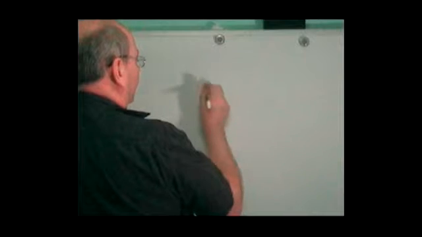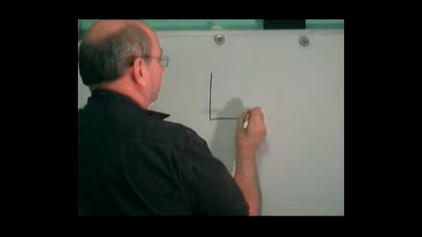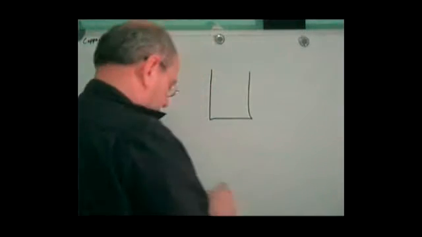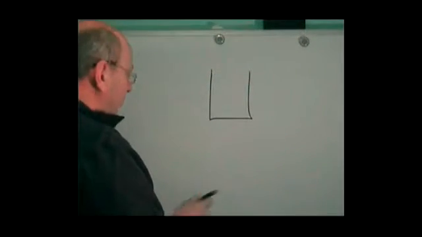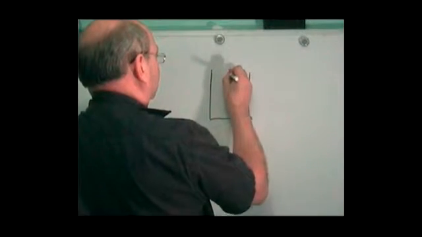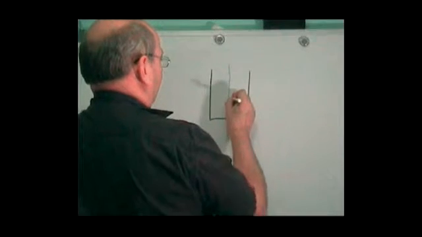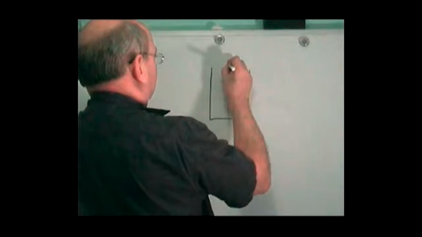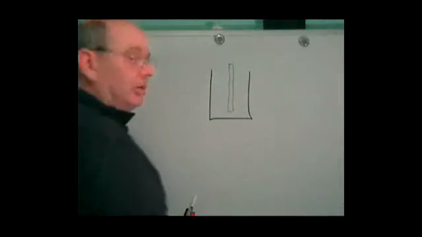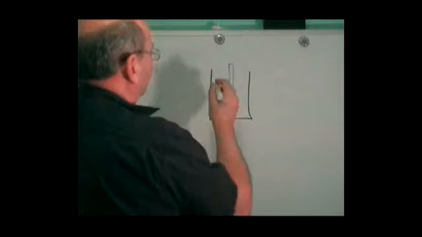So let's go about drawing our battery. And we'll make it a simple battery. We have a zinc outer shell, and we're going to use blue here. And in the middle we have carbon.